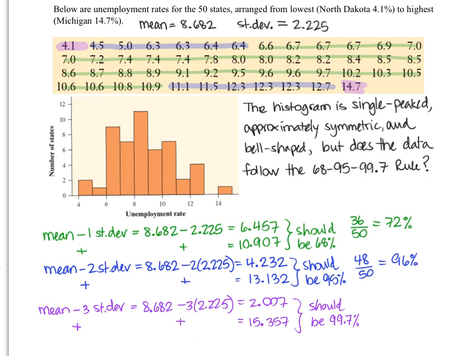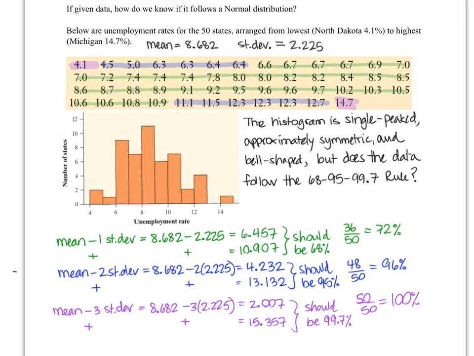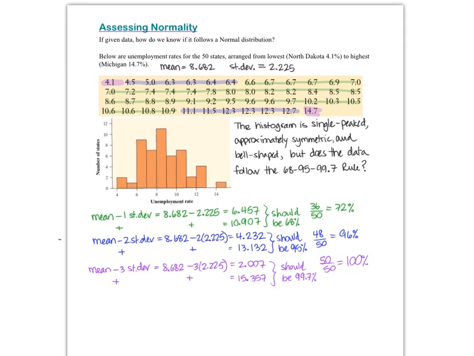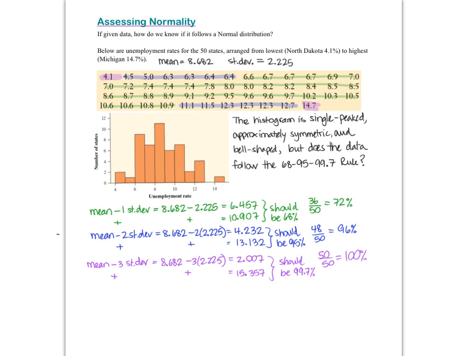That's supposed to represent 99.7% of our data, but it does in fact encompass all 50 data points. So we're at 100%. And at this point, we are satisfied that this data follows a normal distribution or very close to it.